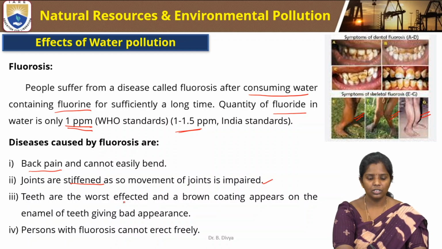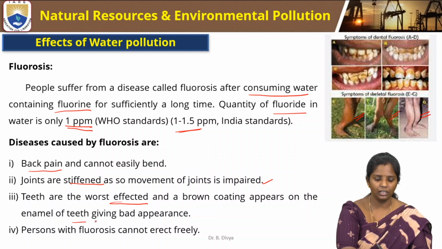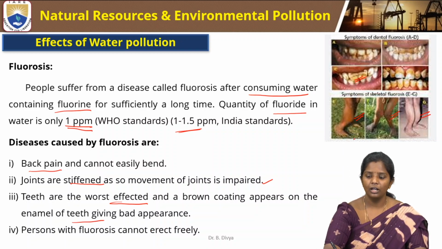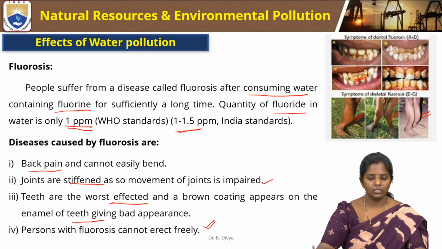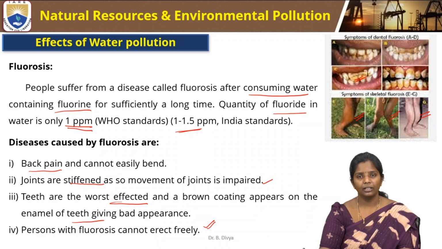The teeth are worst affected, and a brown coating appears on the enamel of the teeth, giving a bad appearance. So this is the deposition. Fluorides are salts, and because of fluoride salts, there is a coating that appears on the enamel of the teeth. So persons with fluorosis cannot really stand erect freely, and the joints will be impaired.